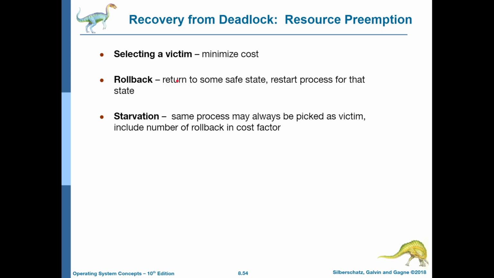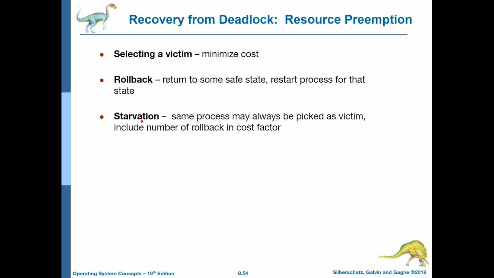We usually want to choose processes to preempt at the least cost possible. Perhaps there's a way to roll back the allocation requests. Maybe we can return to a safe state by moving a process to a previous state.